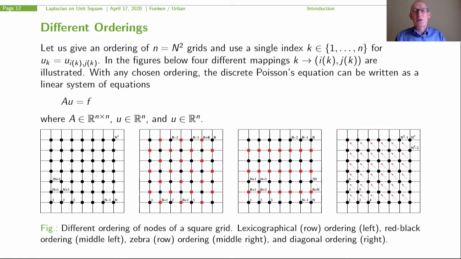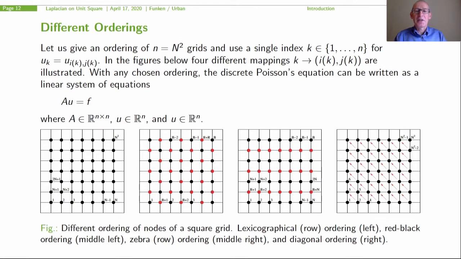By this coloring, you have a block of red nodes and a block of black nodes. If you write down the resulting Gauss-Seidel matrix, you see that you decouple everything so that you have a 2x2 block system. First you update all the red nodes, and then you can update all the black nodes. So you can decouple, and for each decoupled system, of course, you can apply some kind of parallelization.